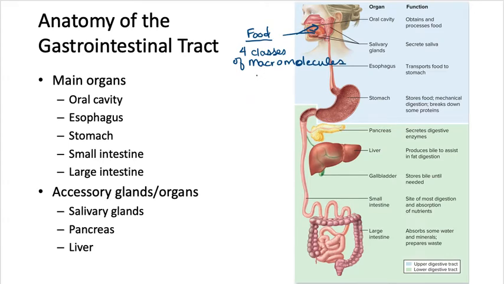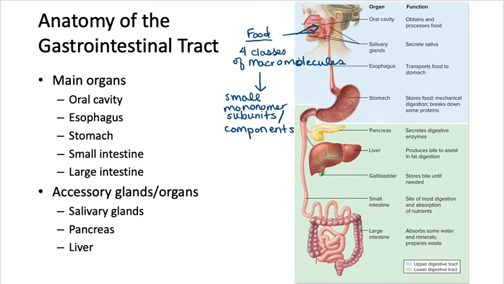And they get broken down into the small monomer subunits or components. So for example, fats are made up of glycerol and fatty acids. So they're not broken down into monomers, they're broken down into that glycerol compound and individual fatty acids.